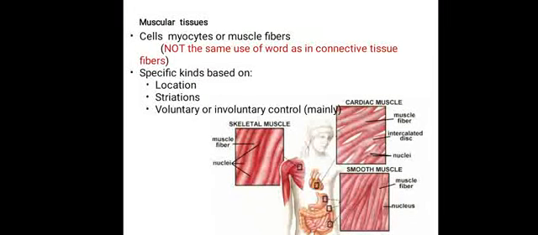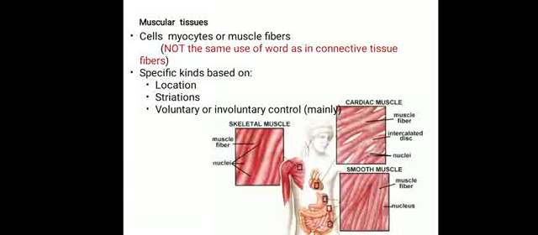So let's go to the third type of tissue that we mentioned earlier, which happens to be muscular tissue. We've talked about epithelial, we talked about connective tissues. Now we are talking about muscular tissues.